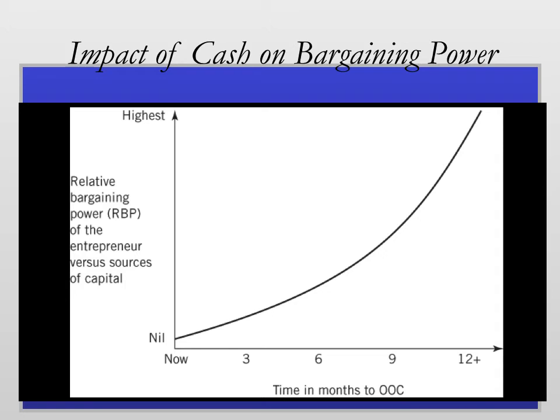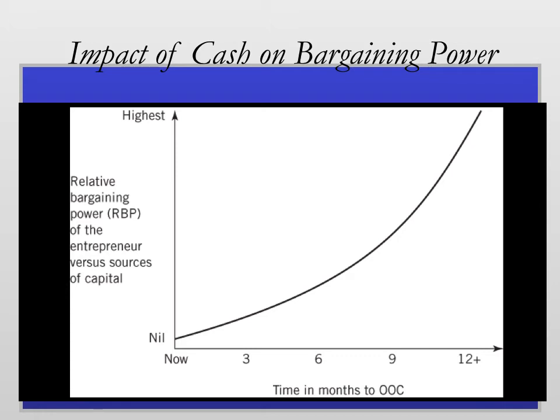When you look at the horizontal axis of this graph, it says time in months to OOC. What that means is how many months do we have until the company is OOC, or out of cash. And on the vertical axis, you can see the RBP, or the bargaining power of the entrepreneur, versus the investors.